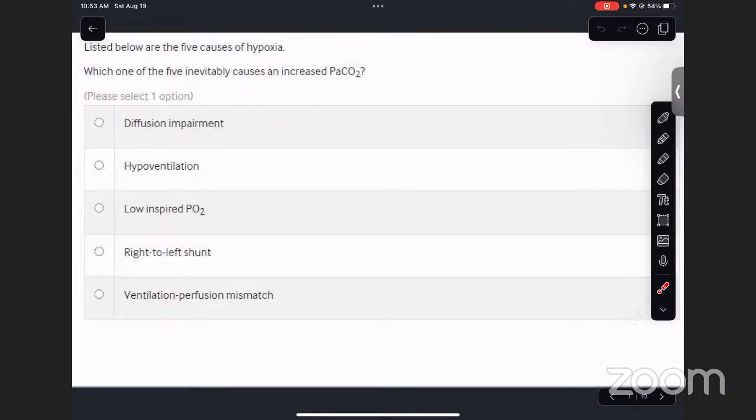Listed below are the 5 causes of hypoxia. Which one of the 5 is inevitably associated with increased PaCO2? That means type 2 respiratory failure. So it's very clear that type 2 respiratory failure is associated with alveolar hypoventilation. So the answer will be hypoventilation. Okay.